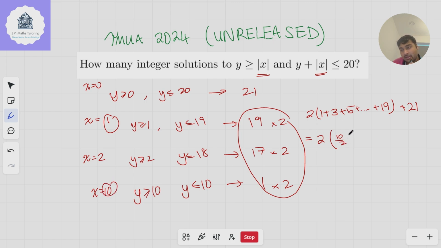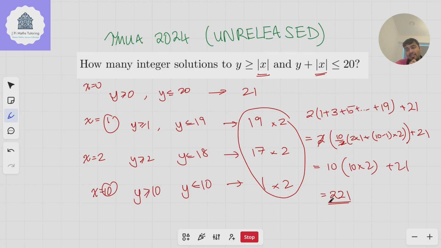So we've got 10 over 2 times 2 times 1 plus 10 minus 1 times d, and then this is all plus 21 at the end. This 2 and this 2 cancel, and so we're left with 10 times 2 plus 10 times 2 minus 2, so just 10 times 2, and then plus 21. 100 times 2, 200. The answer here is 221.